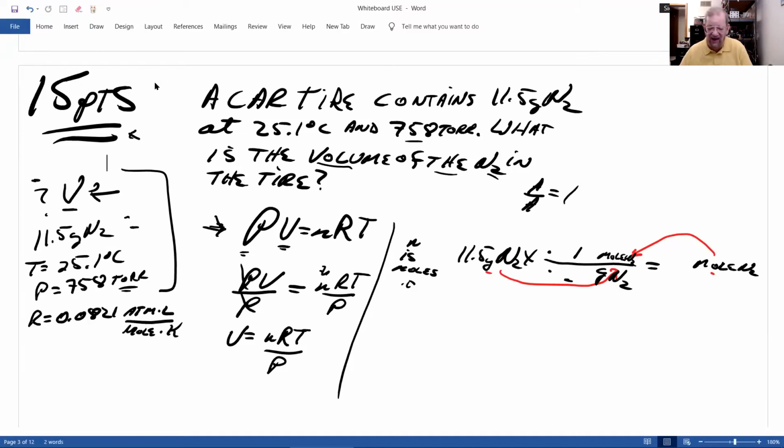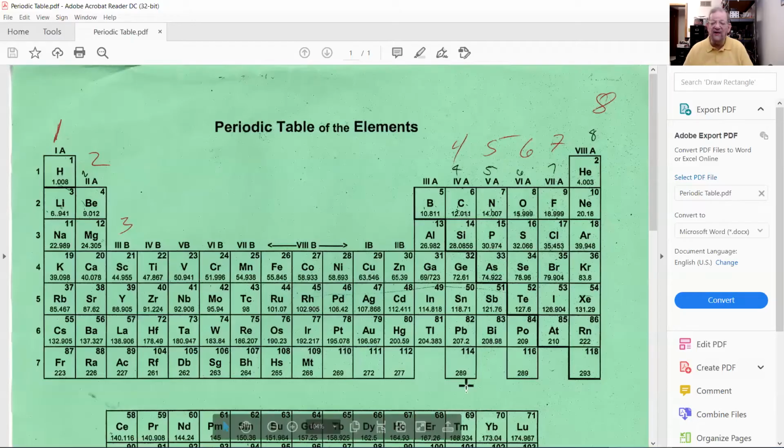How do I do that? Well, I look at my periodic table. What's the atomic weight of nitrogen to 3 significant figures? Time's up.